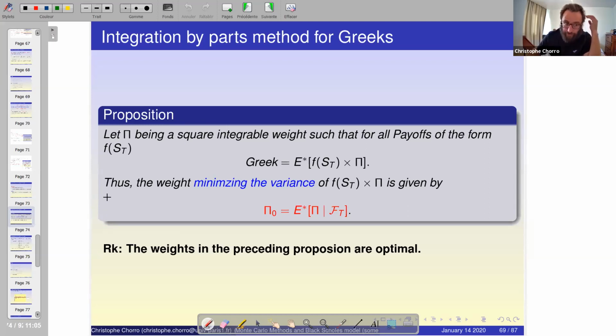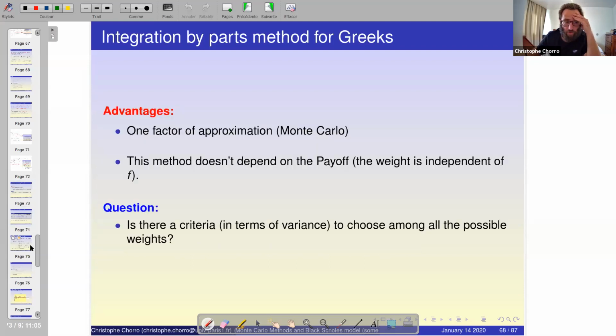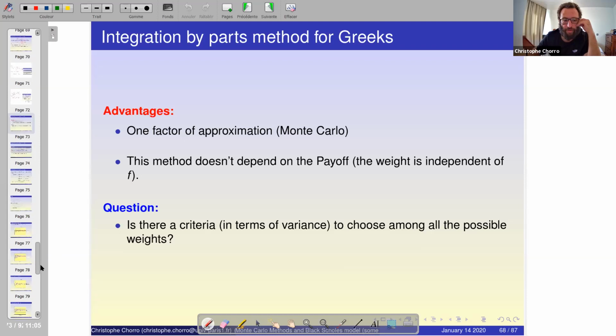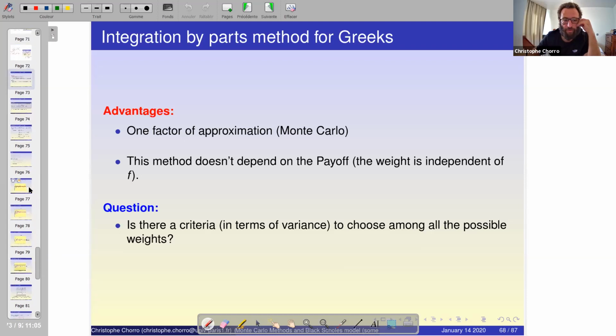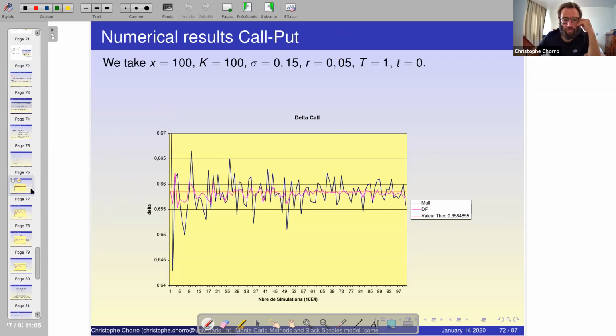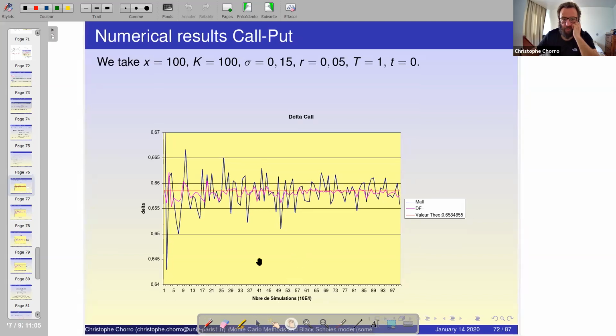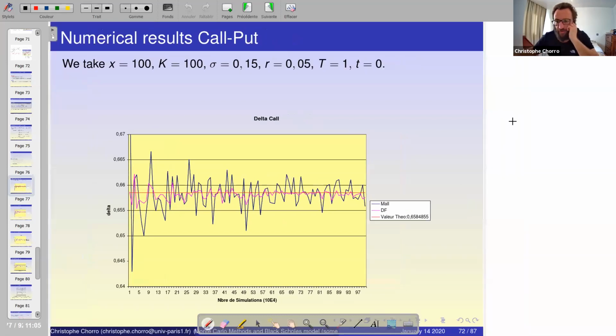But now, to conclude this session, I want to see what we have done on a numerical example. So what I do in this slide here: I consider a call option.